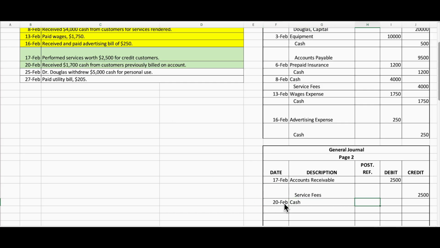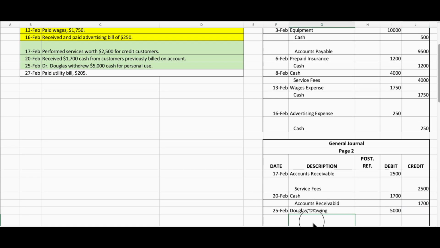So that brings us cash in, or it brings Dr. Douglas some cash in the amount of $1,700. And because here we debited accounts receivable, now we're going to credit accounts receivable for the amount of cash they're giving us toward payment. February 25th, Dr. Douglas withdrew $5,000 cash for personal use.